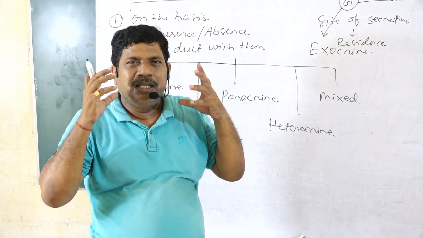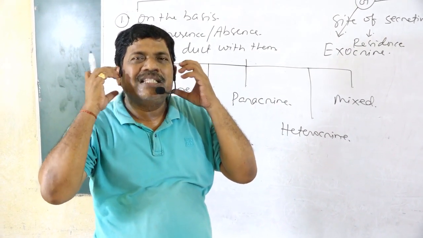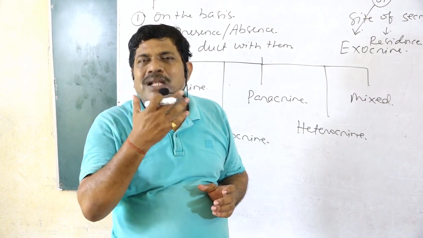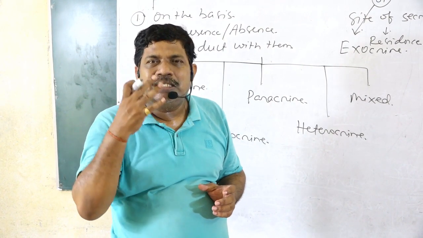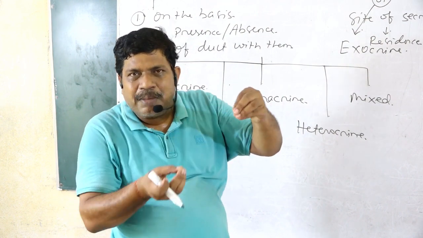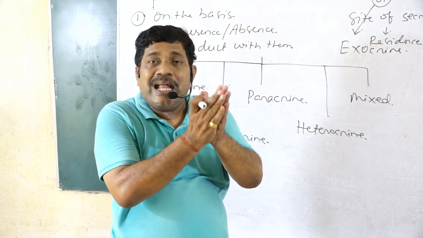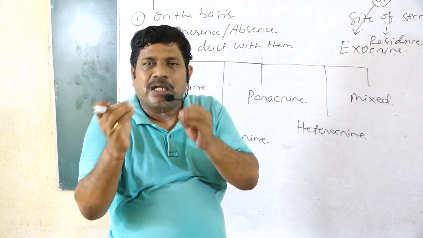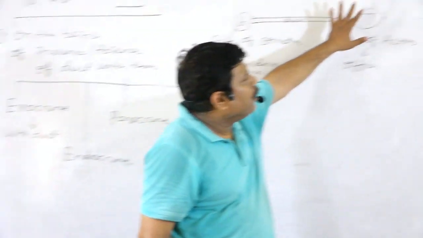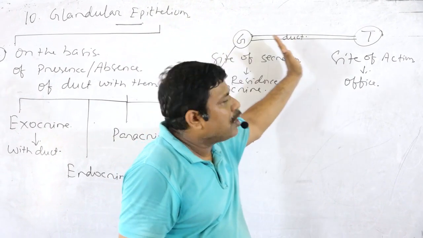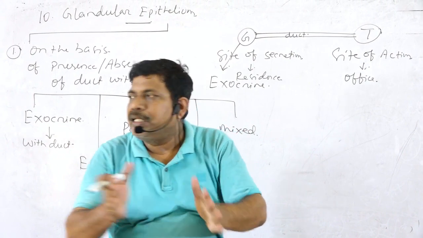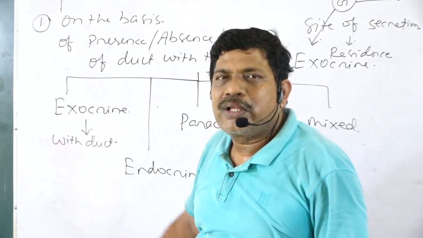The parotid salivary gland is associated with Stenson's duct. Your sublingual, your submaxillary, your liver with the hepatic duct, the seminal vesicle with the seminal duct. When the gland is associated with a duct, the secretory substance travels from the site of secretion to the site of action with the help of a duct. Then it is said to be an exocrine gland.